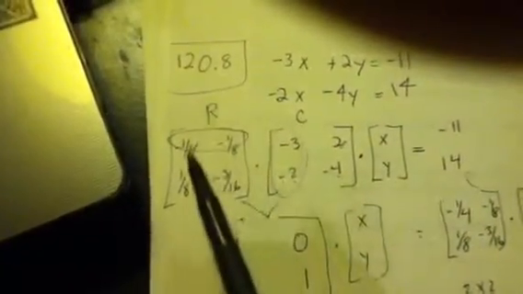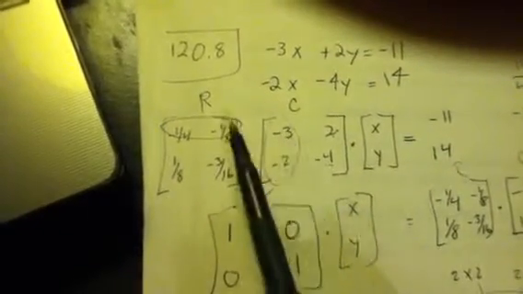Okay, so negative 3/4, well, it came out to be 1. Oh, sorry. That is a negative. There's a negative sign right there. You can't see it.